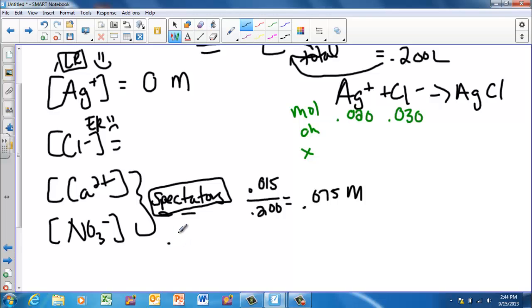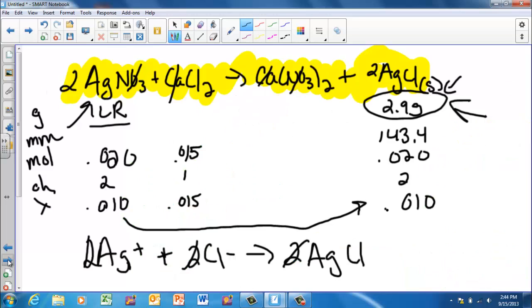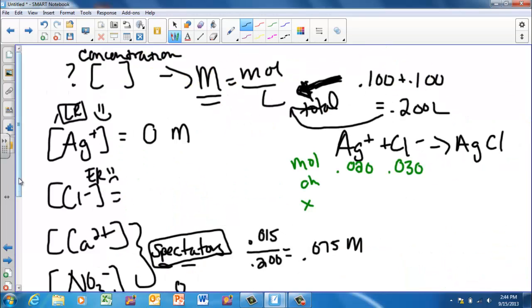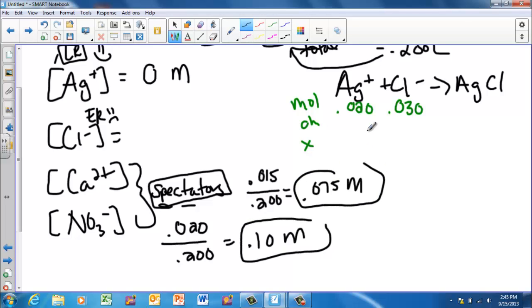And nitrate is going to be 0.020 divided by 0.200, which is 0.10 molar. Okay, 2 significant figures in both of those answers. So there are my answers for the calcium as well as the nitrate.